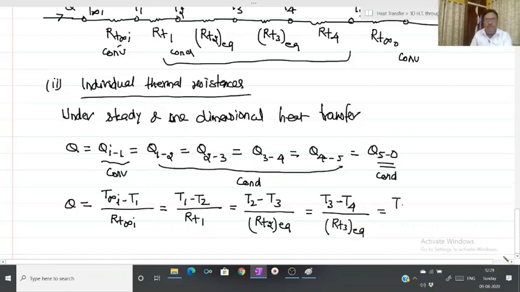The fourth slab is made up of a single material, T4 minus T5 over RT4, and finally the rate of heat transfer equation for the fluid layer will be T5 minus T infinity O over RT infinity O.